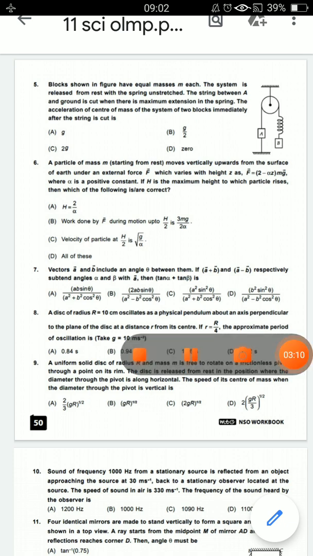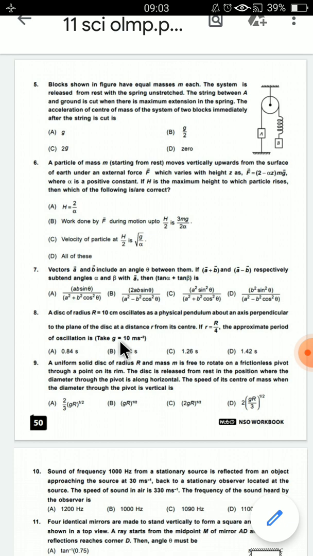Here you can see the options are 0.84 second, 0.94 second, 1.26 second and 1.42 second. So option B, 0.94 second, will be the answer.